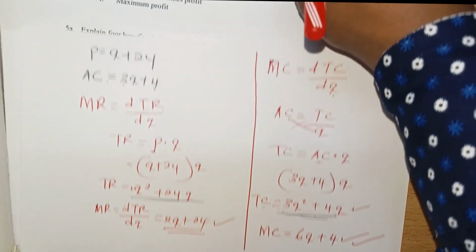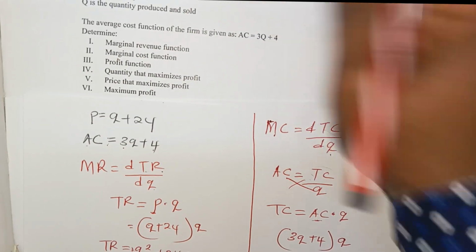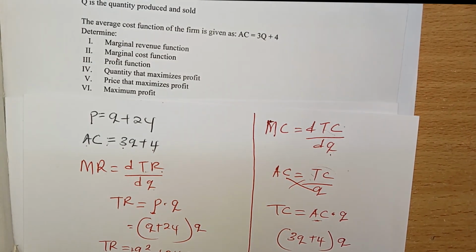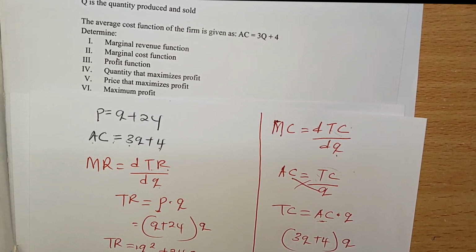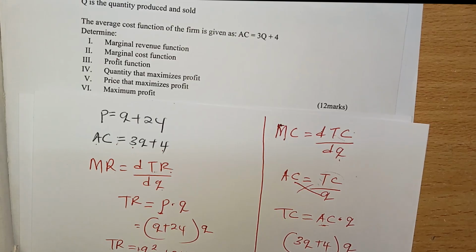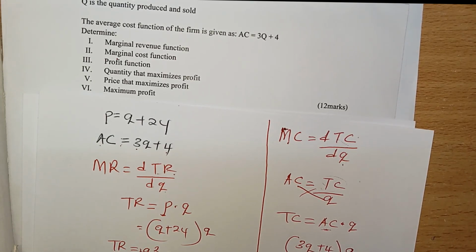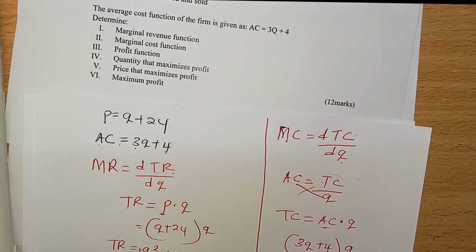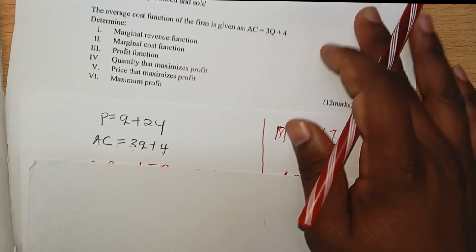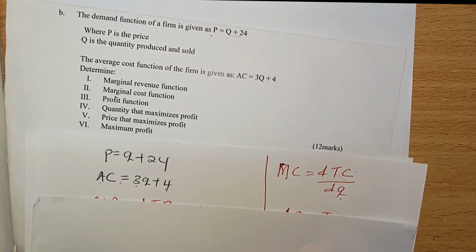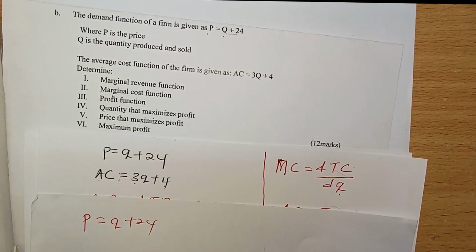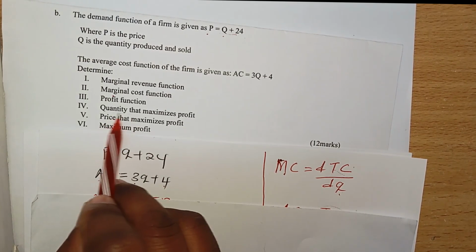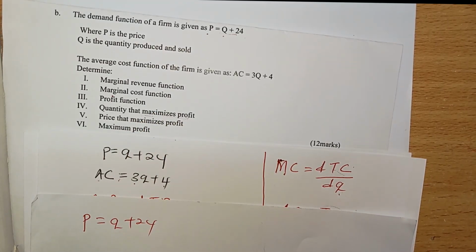Let us now go back to our question. Part number 5 says we determine the price that maximizes profit. We have been able to get the quantity that maximizes profit as 5. Because we have been given the demand function, or the price function, P equals Q plus 24, and the quantity that maximizes profit is 5, what we need to do is replace this Q with 5.